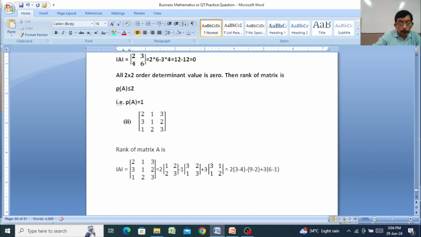In the next step, it is equal to 2 into minus 1, the answer is minus 2. Minus 1 times 9 minus 2 is 7, minus 7, and 5 times 3 is 15, plus 15.